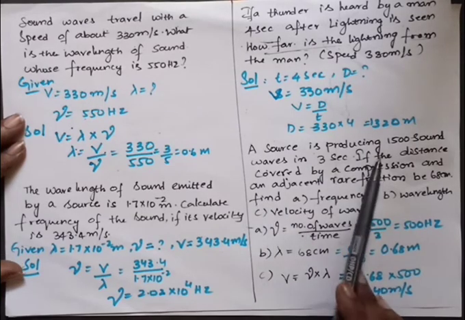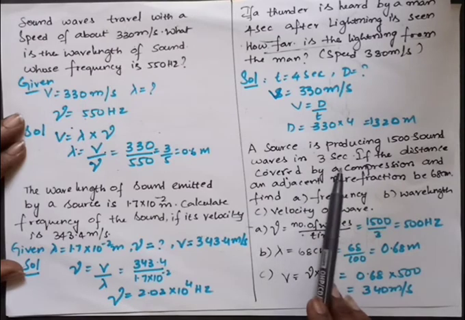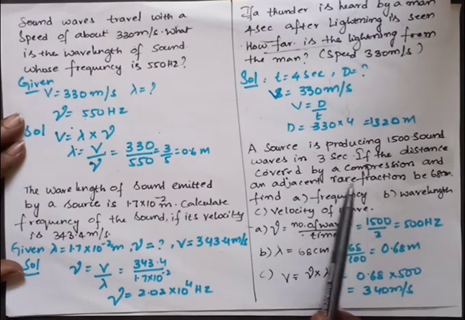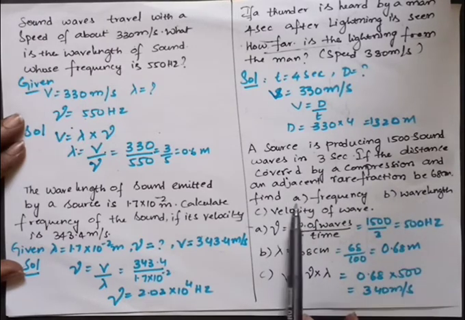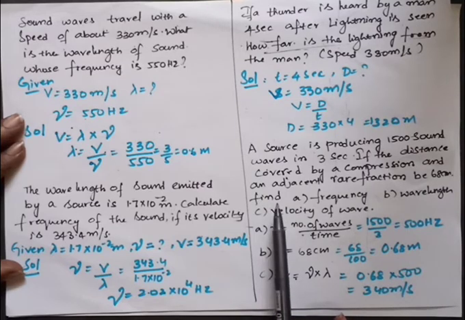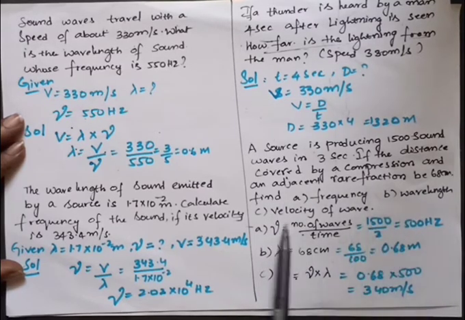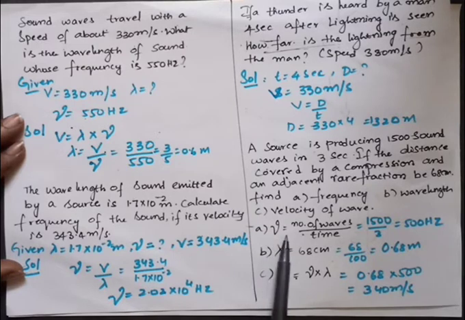Next, a source is producing 1500 sound waves in 3 seconds. If the distance covered by a compression and adjacent rarefaction is 68 centimeters, find the frequency, wavelength, and velocity of the wave. So frequency is equal to number of waves by time, we know. Number of waves is 1500, divided by time 3 seconds, we get 500 hertz.